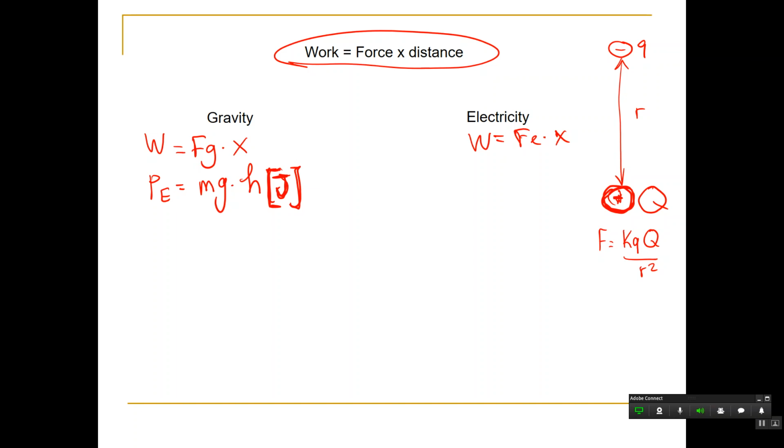Okay, good. And if we're talking about the forces between this object, what is the height of this object if we're talking about potential energy?